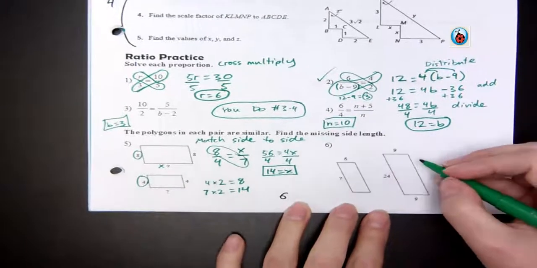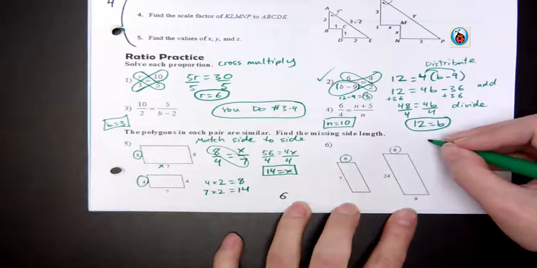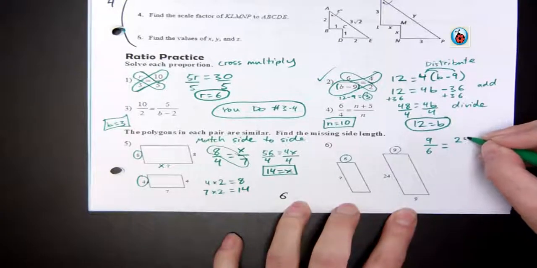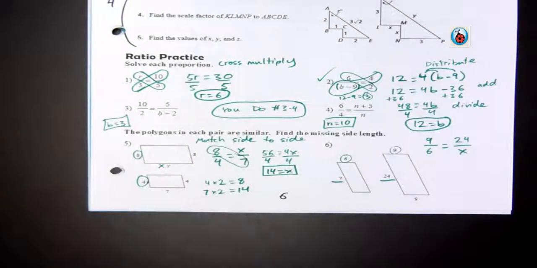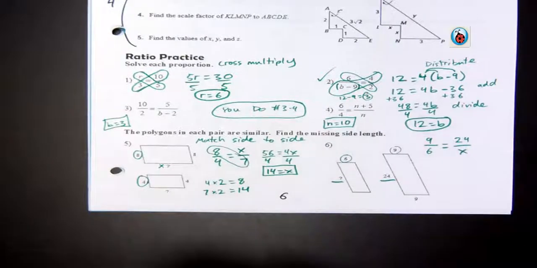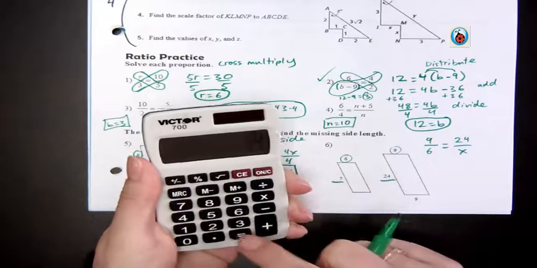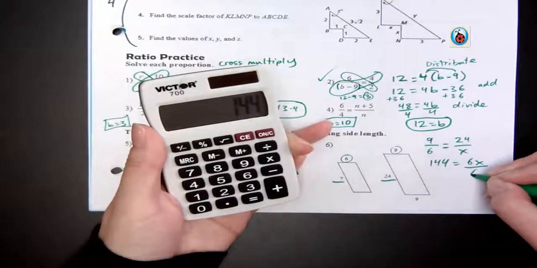Here it's not quite as easy as a scale factor. So we're going from 9 to 6. And so if I have 9 over 6 equals 24 over the x I'm looking for, this is not as easy to just multiply. So I'm going to go ahead and do the math. So 6 times 24 equals 144 equals 6x.